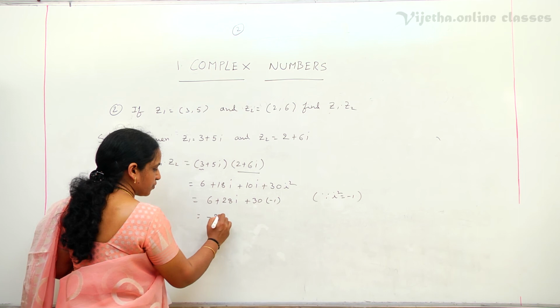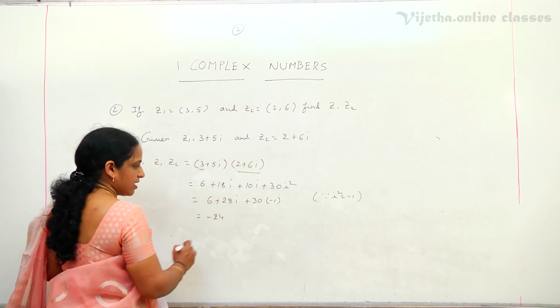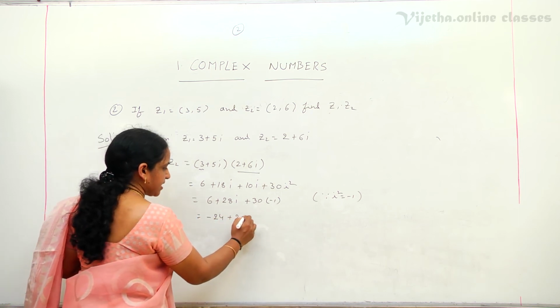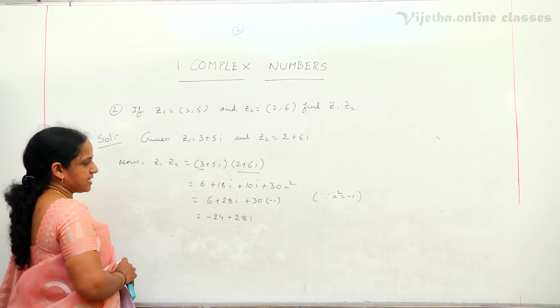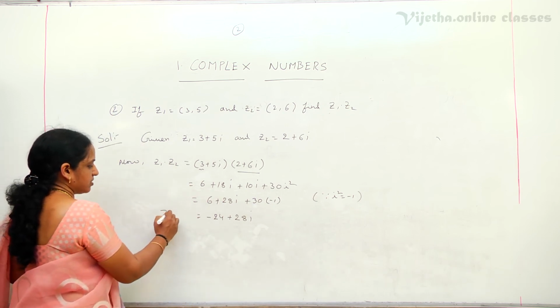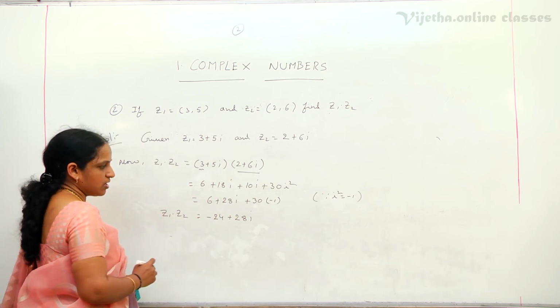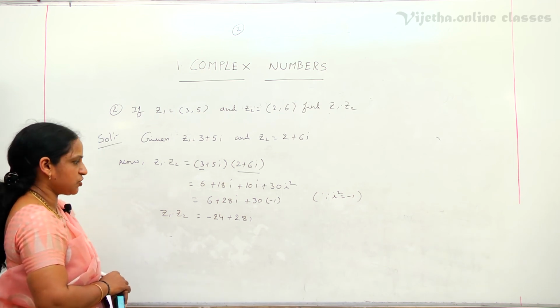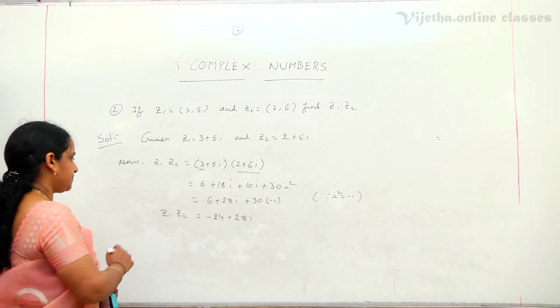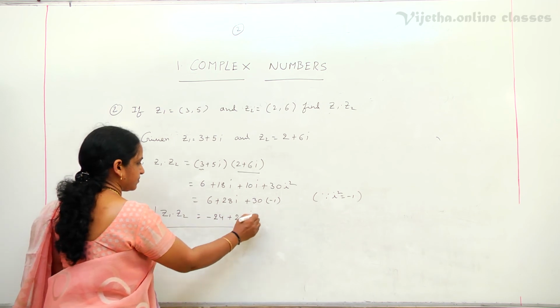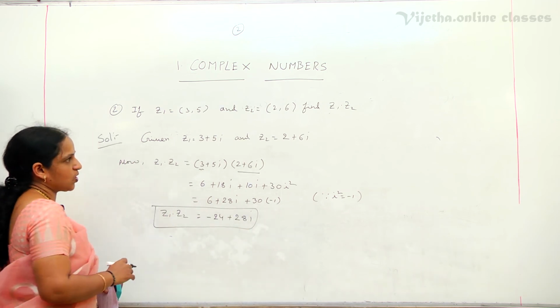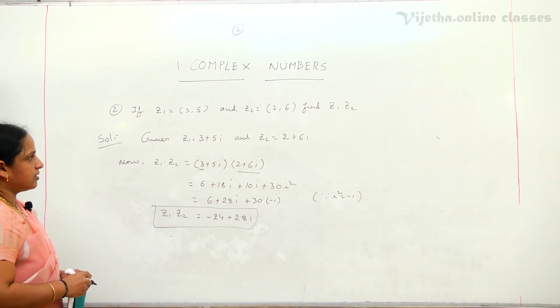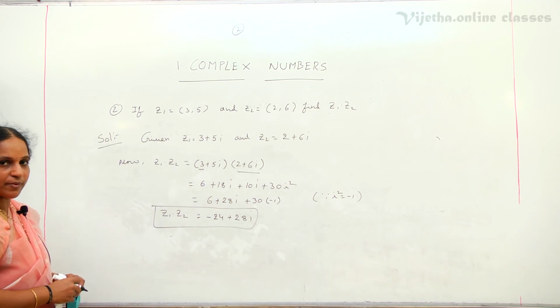Minus 24, plus 28i. Z1 into Z2 equals minus 24 plus 28i. This is the product of the two complex numbers.